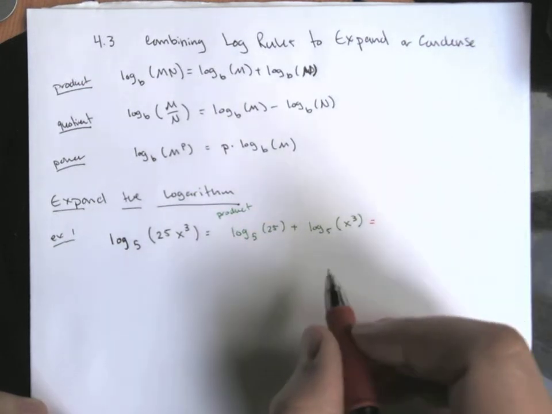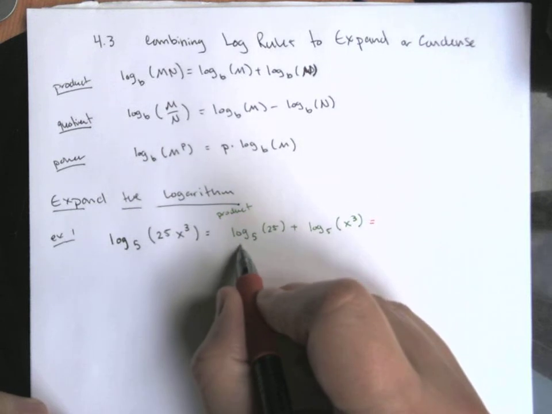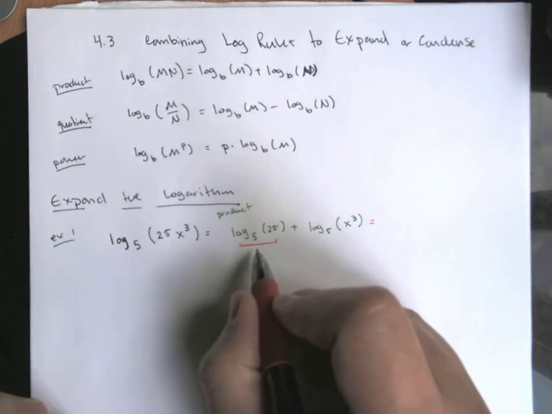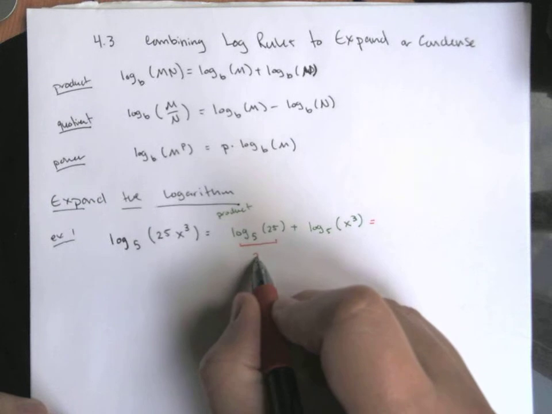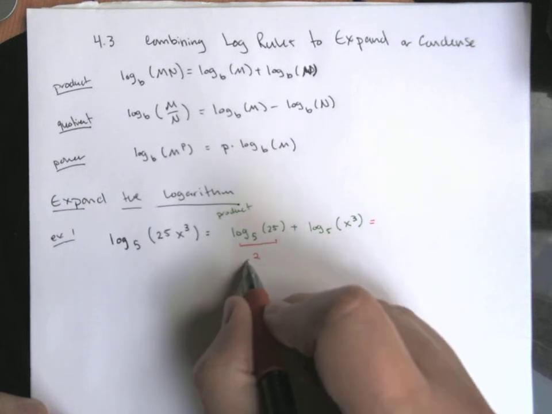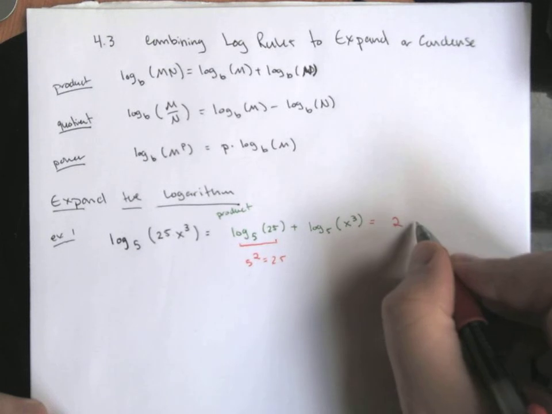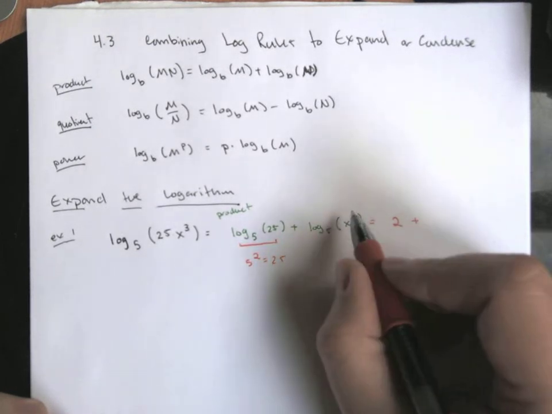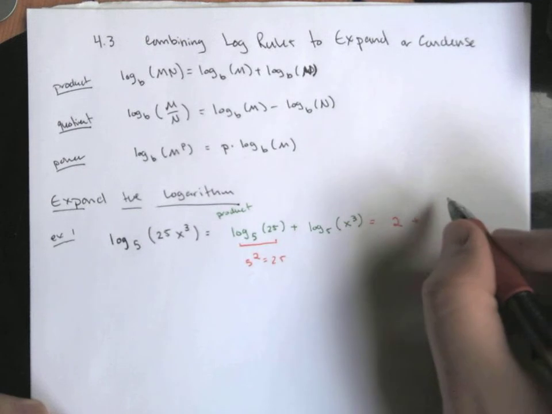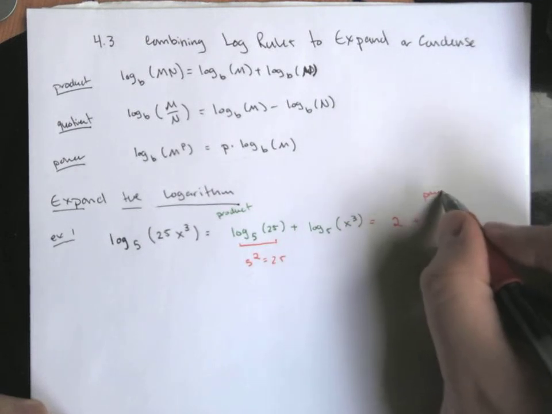The next step is two things. Log base 5 of 25 is just numbers. How do I get from 5 to 25? The exponent is 2, because 5 squared is 25. So that first log just becomes 2. For the second log, we use the power rule.